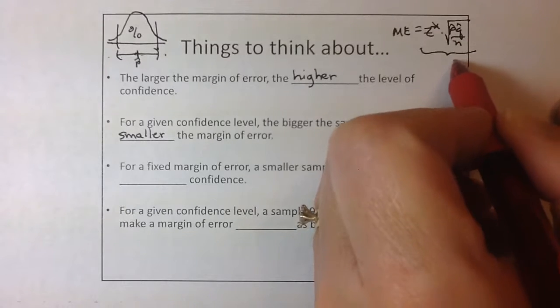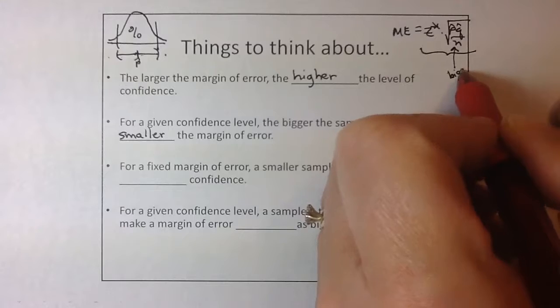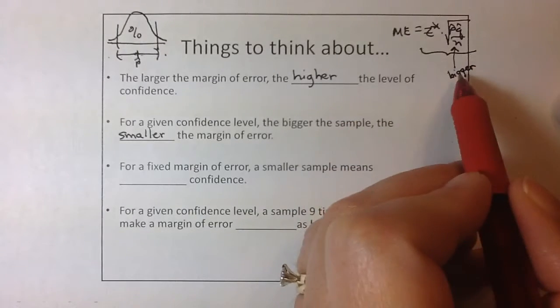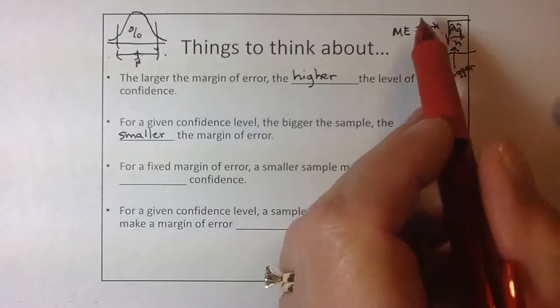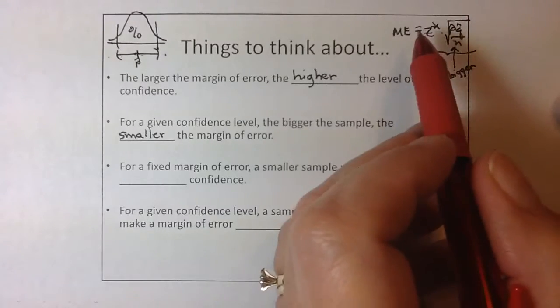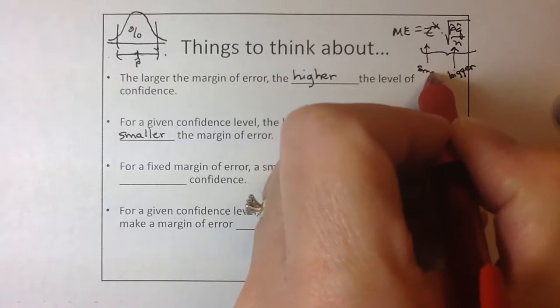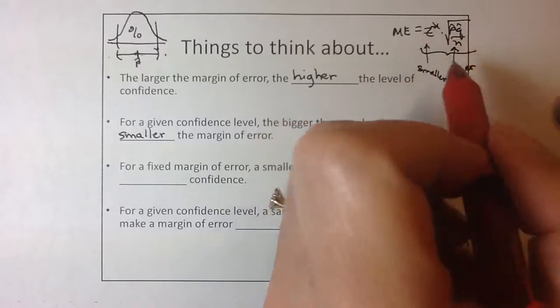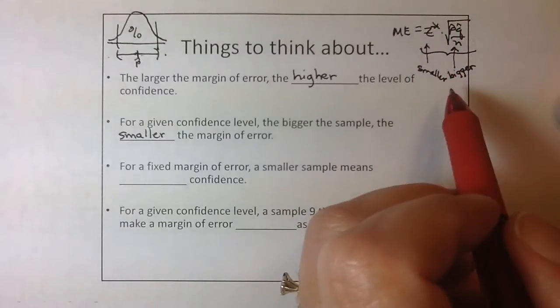So this part right here, the standard error, would be bigger. And in order to offset that bigger standard error, to keep this side the same, Z star would have to get smaller because they have to balance each other out. So if Z star gets smaller and standard error gets bigger, then the overall margin of error can stay the same.